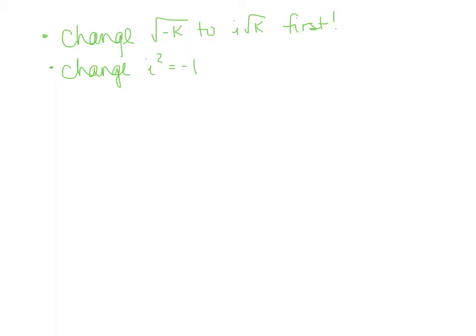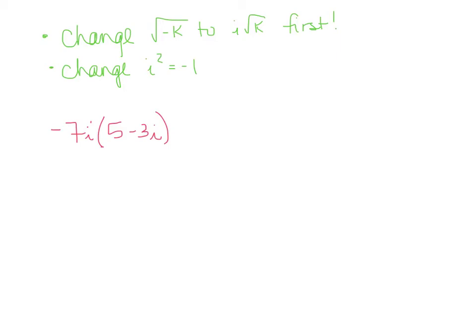So let's look at example 32. It says negative 7i times 5 minus 3i.